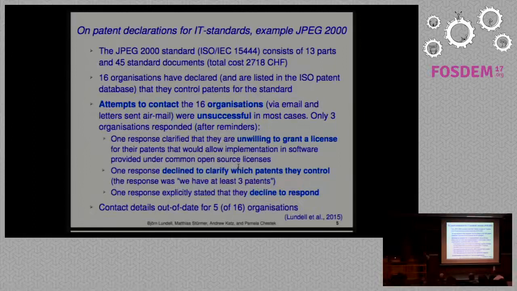In the paper, we have quite a number of examples and recommendations that could improve the practice of standardization, and that is something we have discussed in various contexts. It's also clear that the content of this patent database is not of very high quality. 5 of the 16 organizations we couldn't even reach, and that's another problem.